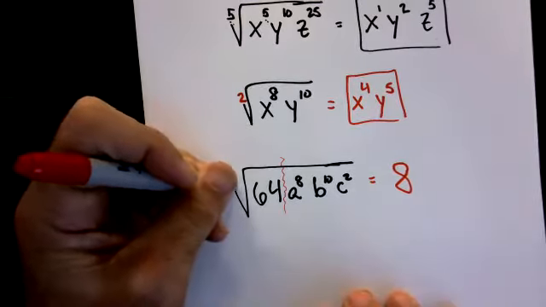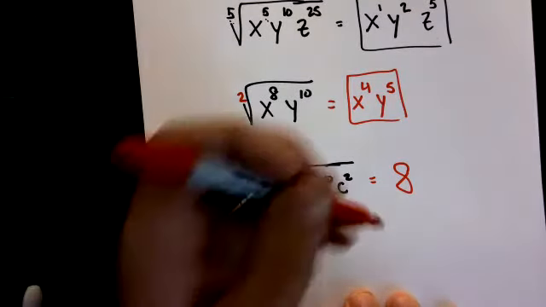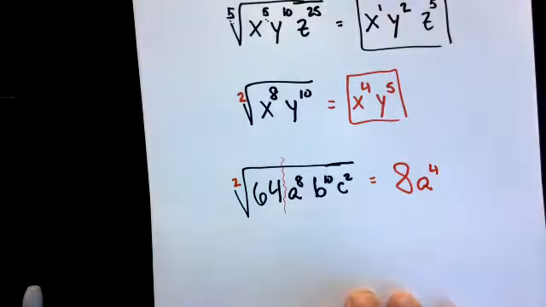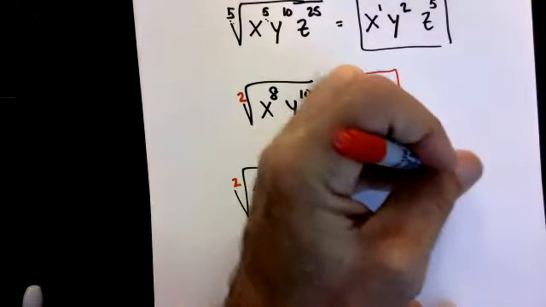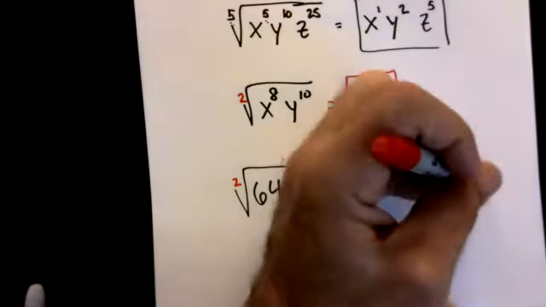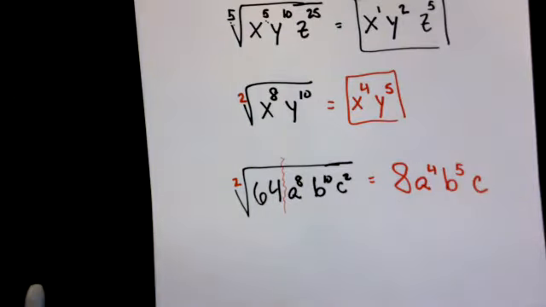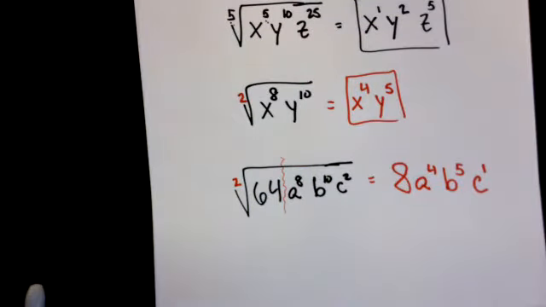So again, if you don't see an index, it's a 2. Then we divide. So 8 divided by 2, that would be a to the 4th. 10 divided by 2, that would be b to the 5th. And 2 divided by 2, that would be c to the 1st. Now remember, with an exponent of 1, you don't have to write it. It can, but you don't have to.